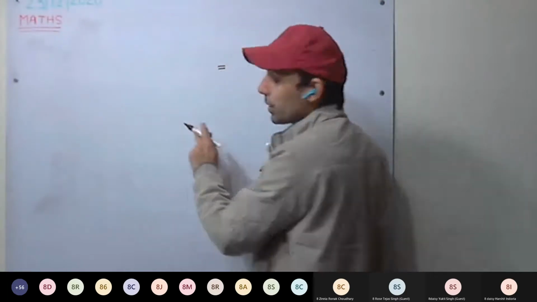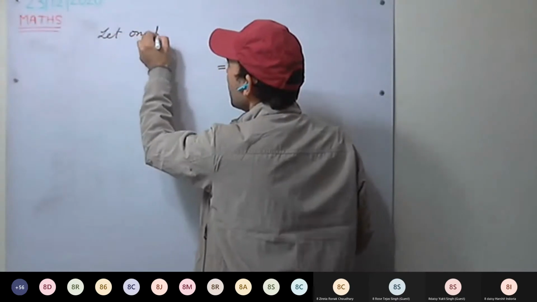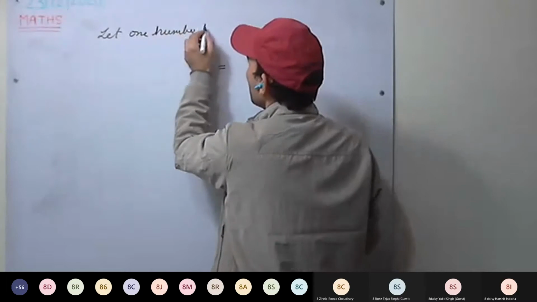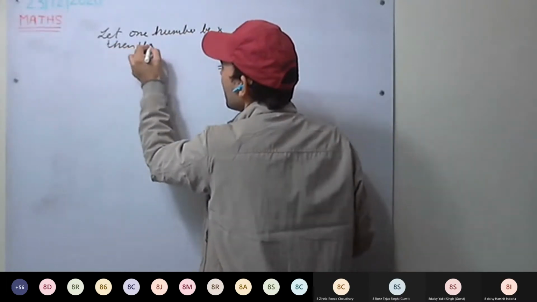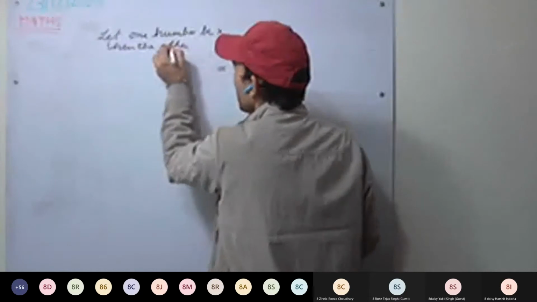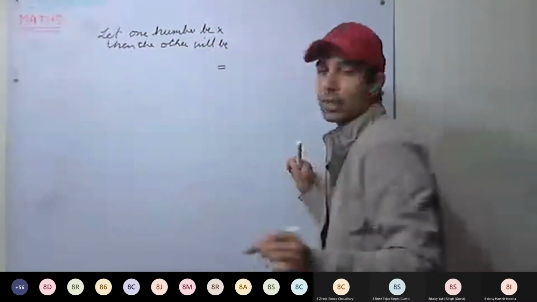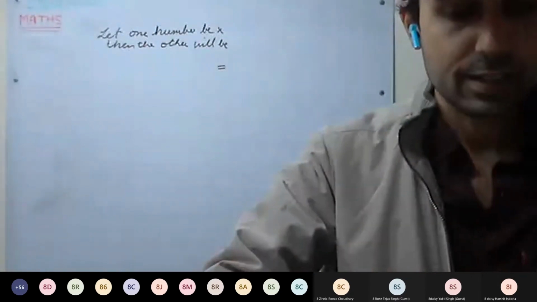That means first we will have to find two consecutive numbers. So let one number be x. Then the other number will be what? If one number is x, then x plus 1.